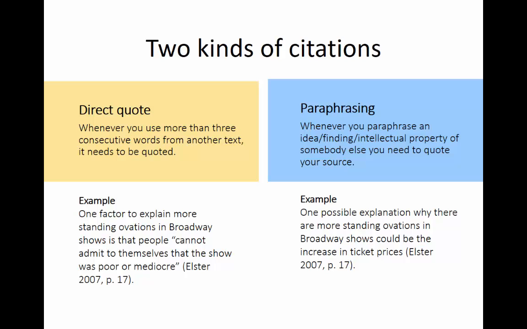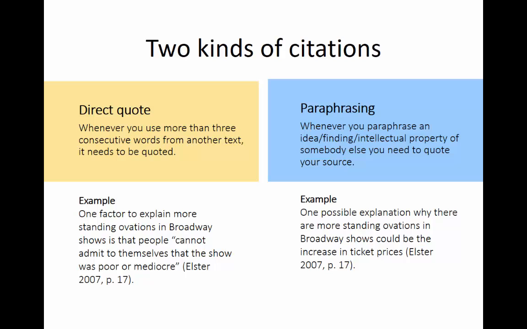Here I have a quote inside the text. That's an in-text citation. One factor to explain more standing ovations in Broadway shows is that people, quote, cannot admit to themselves that the show was poor or mediocre. These are the words that Elster used, more than 3 consecutive words, so I'm quoting this here.